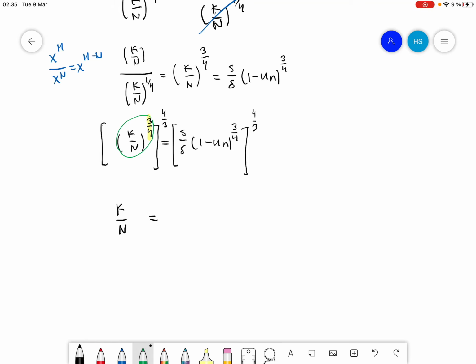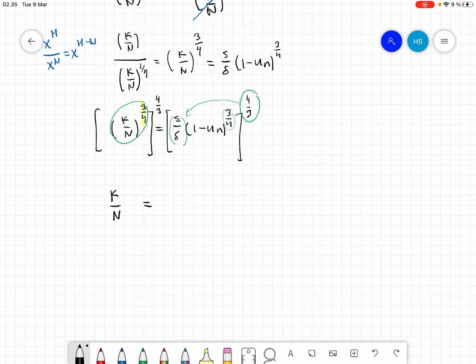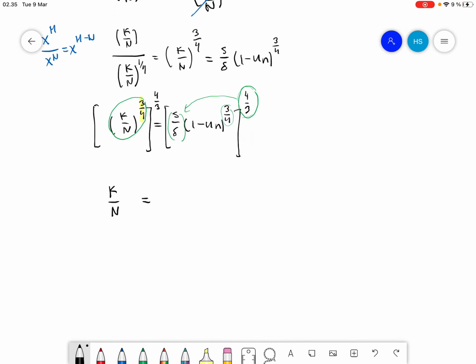And here we just simplify this expression. We put this exponent up here, and we multiply this exponent here with this exponent here. Now we just simplify our expression a little bit.